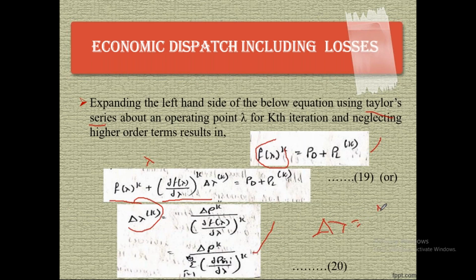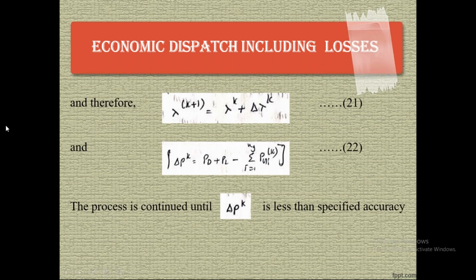So delta Pk divided by the summation of the dPgi by d lambda. Here this is the incremental cost equation, right? You can use this formula for updating delta lambda. So finally the equation should be like this. This is the old one.